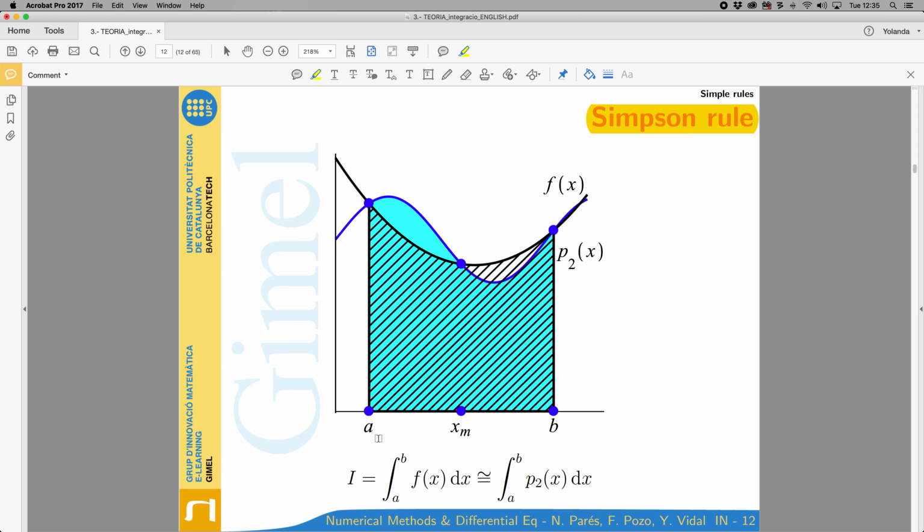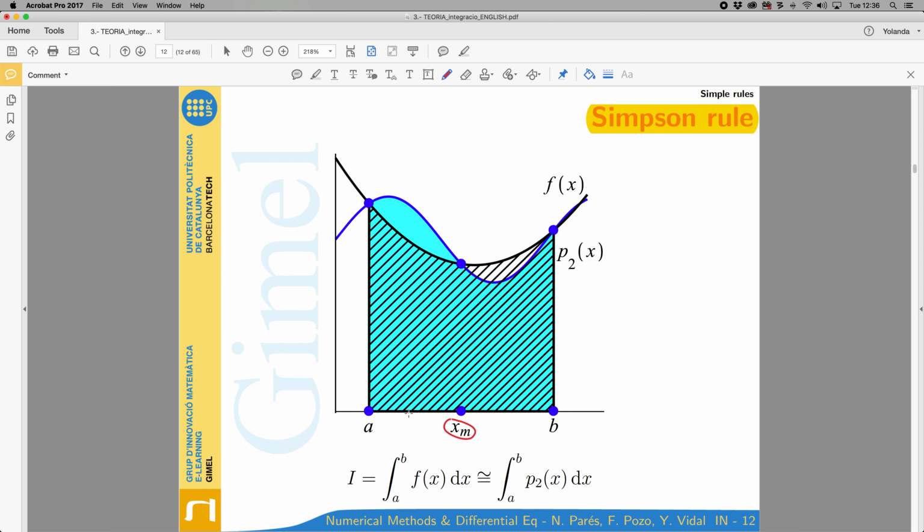So I'm going to use a, b, which are the points that define the interval where I want to compute the integral, but I need an extra point. Well, we will use xm. xm is the midpoint between a and b.